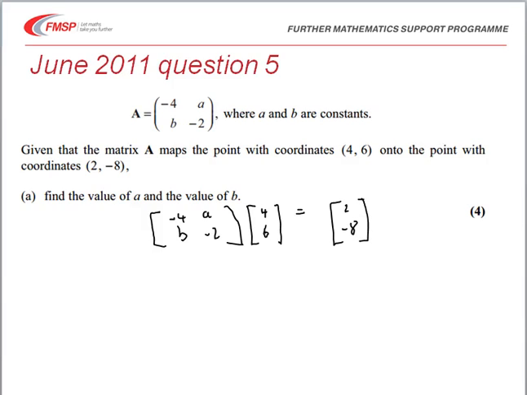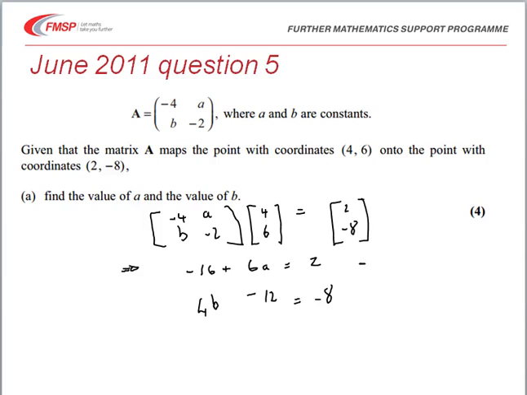We must multiply with the matrix on the left hand side of the vector for the point. Multiplying the top line of the matrix by the column vector, we get -16 + 6a = 2, and multiplying out the second line then gives 4b - 12 = -8.